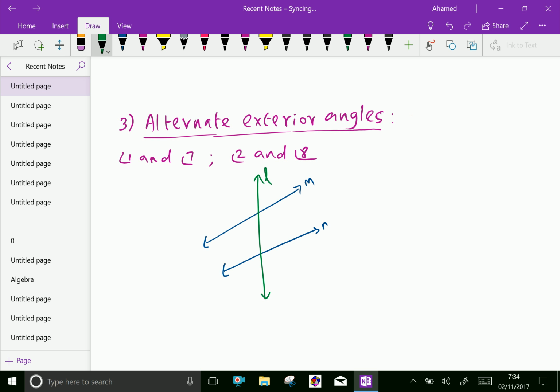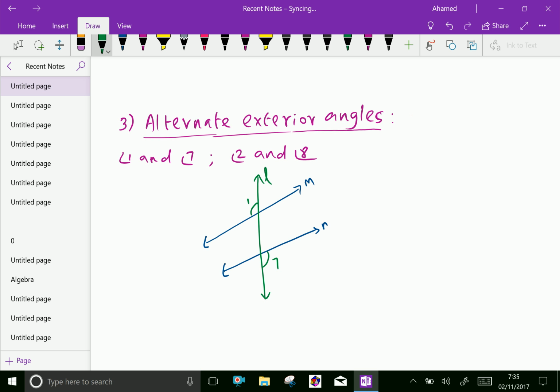Angles 1 and 7 are outside the lines M and N respectively, and 1 is on the left side of the transversal while 7 is on the right side.